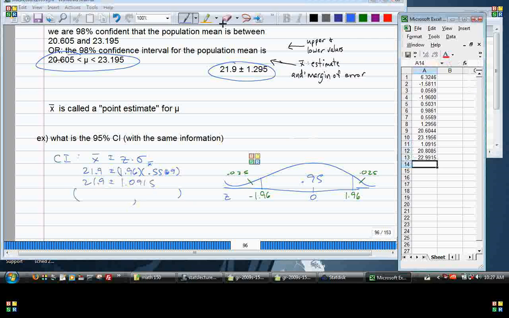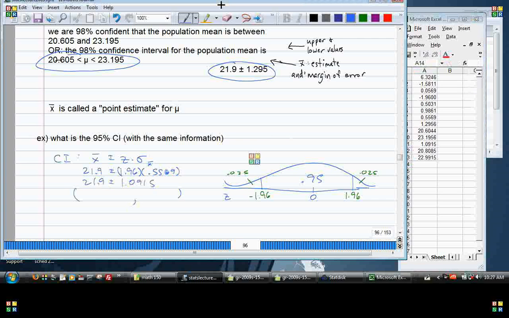That gives you these two values: 20.8085 and 22.9915. And that's the 95% confidence interval for mu.